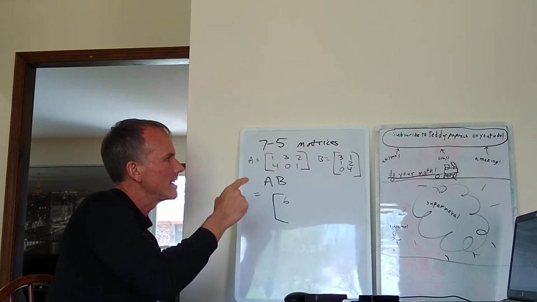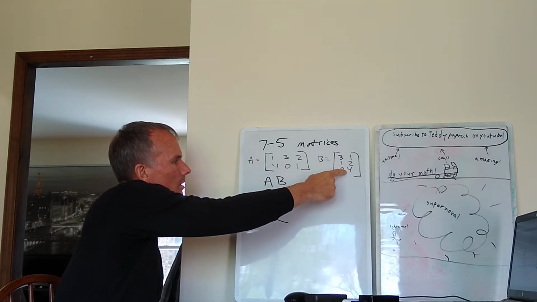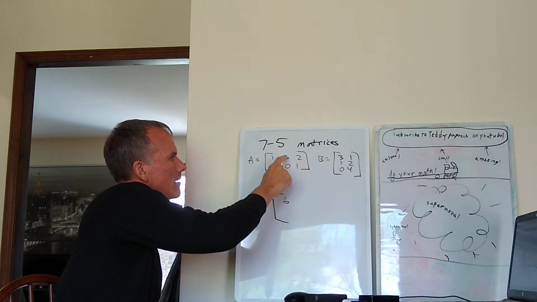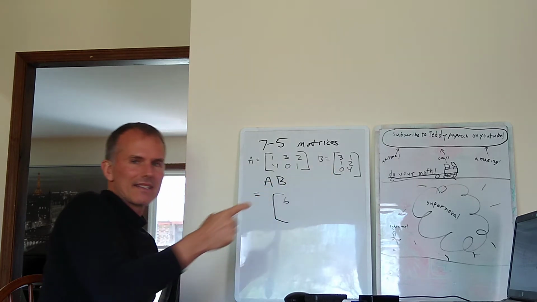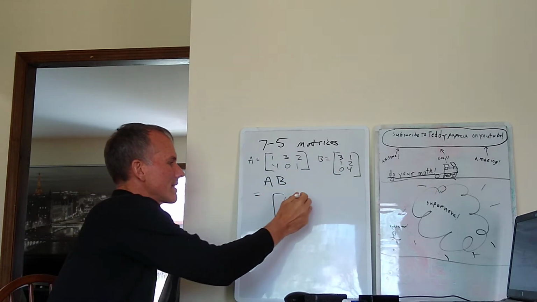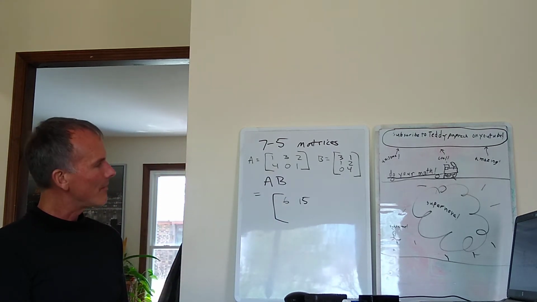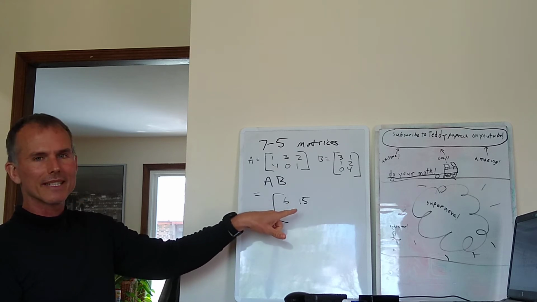So 1 plus 6, and then plus 2 times 4, which is 8. So just to recap, that's going to be 1 plus 6 plus 8. Okay, 1 plus 6 plus 8, I think, makes 15. So that's all I'm going to get across the top.